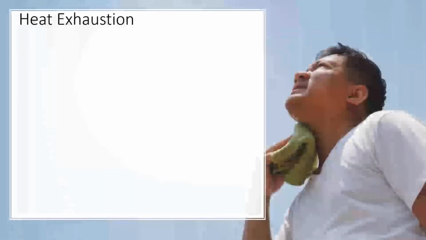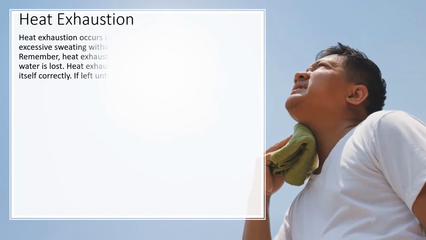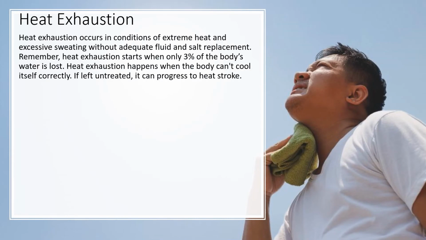Heat exhaustion. Heat exhaustion occurs in conditions of extreme heat and excessive sweating without adequate fluid and salt replacement. Remember, heat exhaustion starts when only 3% of the body's water is lost. Heat exhaustion happens when the body can't cool itself correctly.